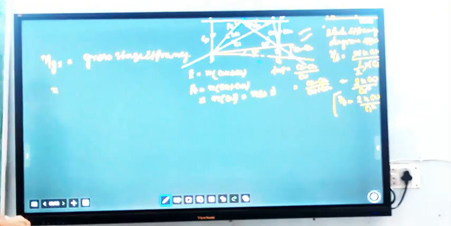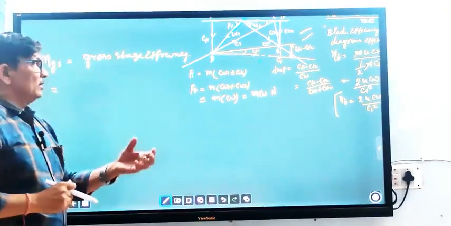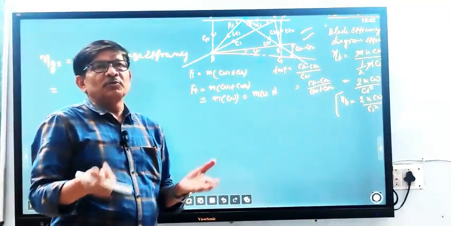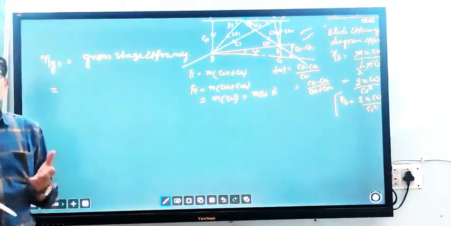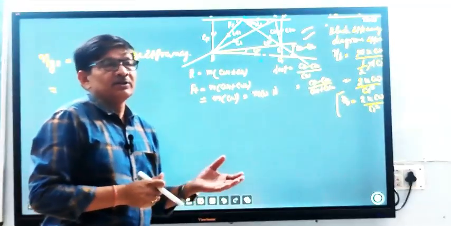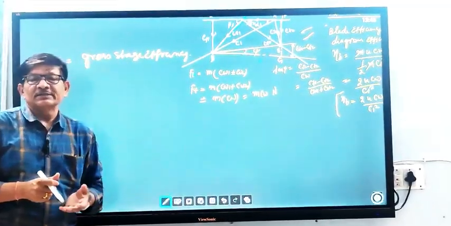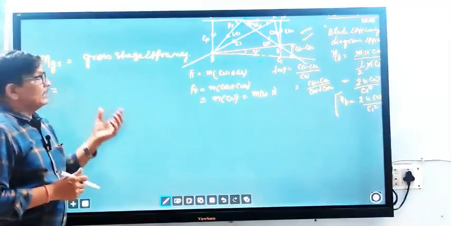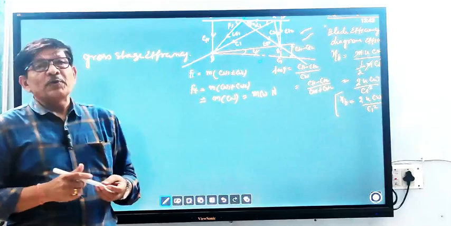Gross stage efficiency is equal to the work done by the blade while steam moves from the fixed blade to the moving blade, upon the enthalpy loss of the steam while passing over the nozzle, because enthalpy drop takes place only in the nozzle.